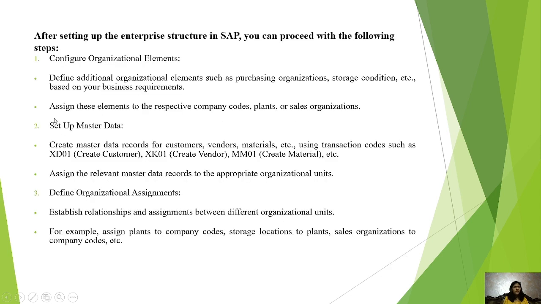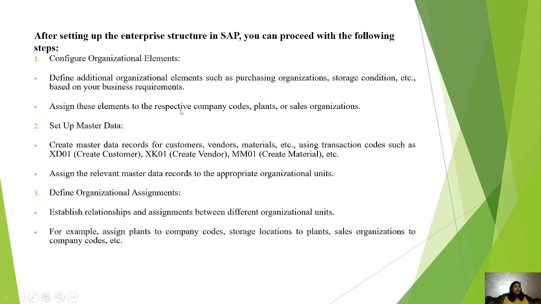name. After setting up the enterprise structure in SAP, you can proceed with the following steps, such as configuring organizational elements, for example purchasing organization and storage condition, based on your business requirements.